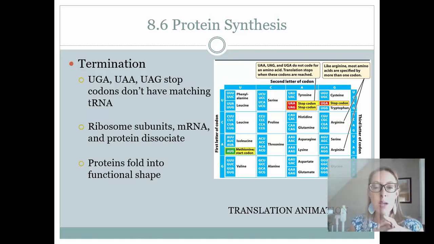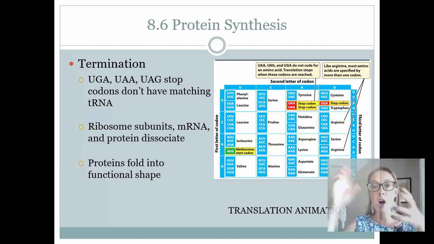We're going to have our ribosome, those 2 subunits will come apart, and our messenger RNA may either be read again, or if we're done utilizing that messenger RNA to produce our proteins, then we may go ahead and degrade that messenger RNA.